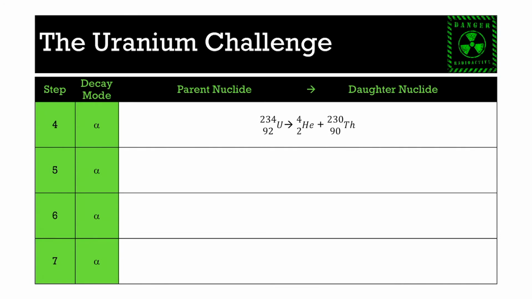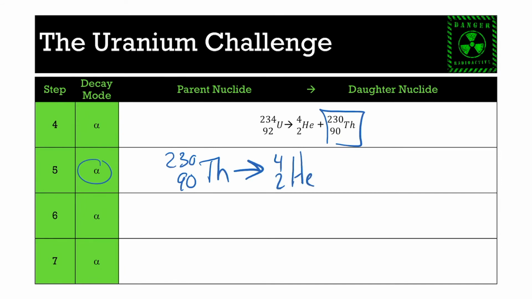Okay? So here, this is going to be our starting material for step number 5. Thorium 230-90. I'm telling you, it's going to go through alpha decay. So it's going to release this.